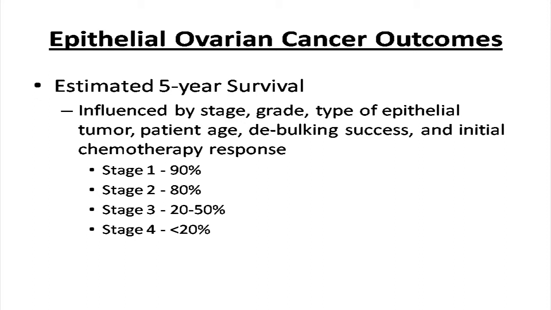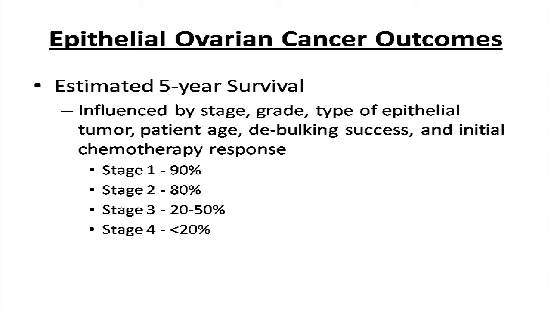For patients with epithelial ovarian cancer, the estimated 5-year survival is significantly influenced by the stage of disease at diagnosis, the tumor grade, the type of epithelial tumor, patient's age, and the debulking status, as well as the initial chemotherapy response. Stage 1 disease has a very high success rate of cure, with greater than 90% of patients alive at 5 years.